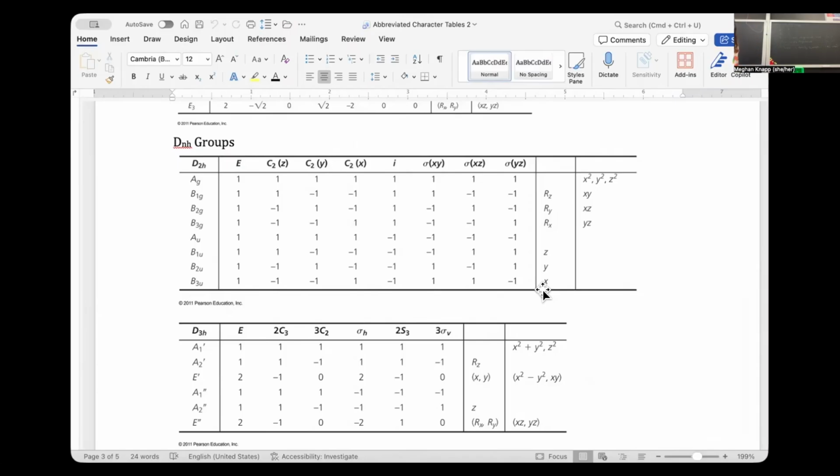Okay. Then we have ones and twos. So what you do with the ones and twos depends on what symmetry operation you have. If you're in a D group, you should have something labeled as C2 prime. That's that perpendicular C2 axis that makes it a D group.